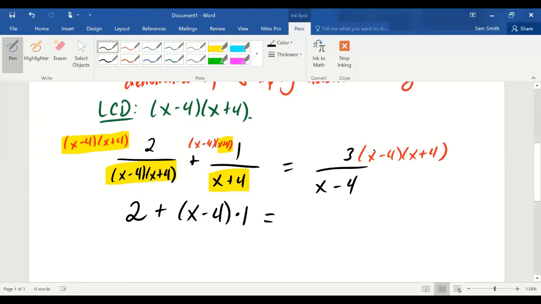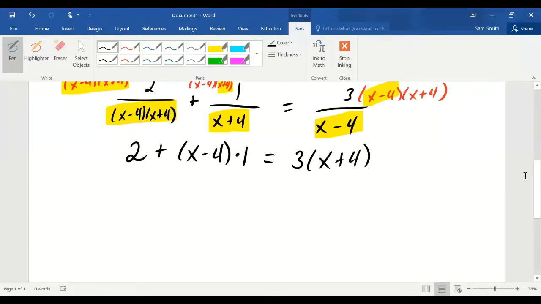And then finally, 3 times x minus 4 times x plus 4 in the numerator, x minus 4 in the denominator, that common factor of x minus 4 can be canceled out, leaving behind 3 and x plus 4.